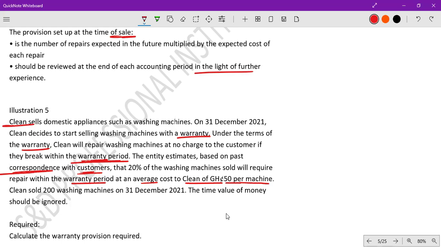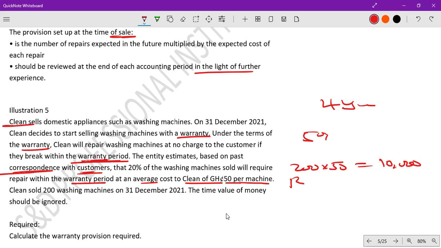They say time value of money should be ignored. If there is no time value of money, then maybe the warranty is for a 4 year period. We are expecting that the cost of this repair will be an average of 50 cedis per repair. How many units were sold? 200 units multiplied by 50. That will give us 10,000.